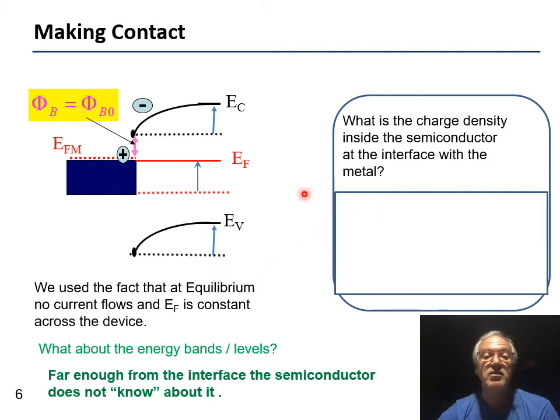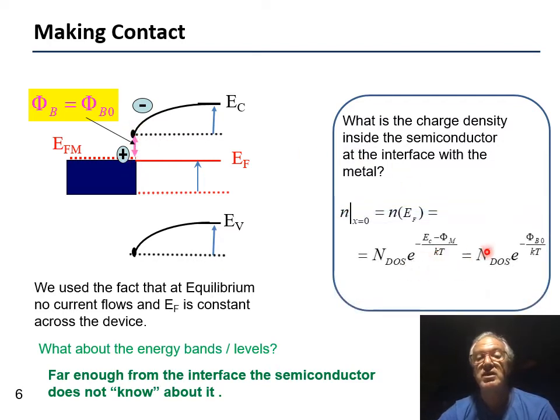And of course one of the basic things we'd be interested in is what is the charge density that this contact has induced inside the semiconductor. And to do that we need to identify the fact that what the contact did is dictate the Fermi level close to the interface, and it is phi b below the conduction band.